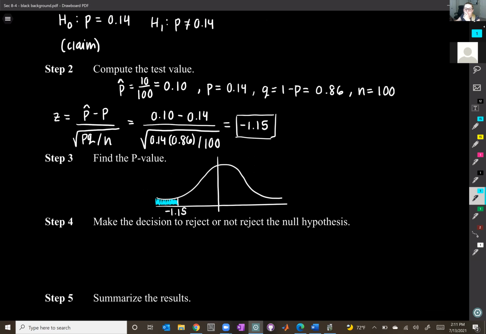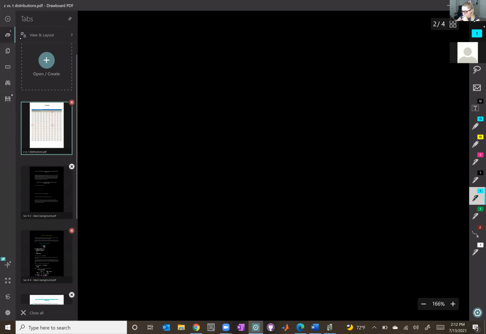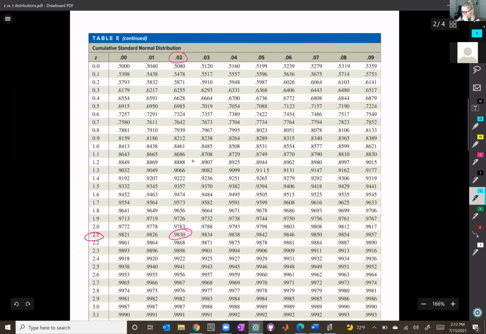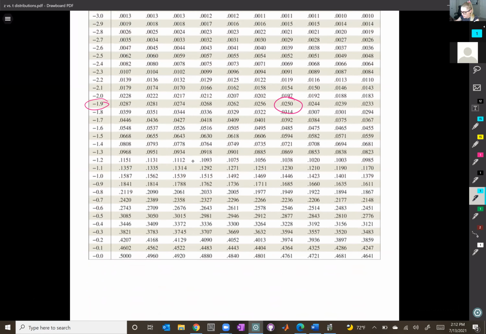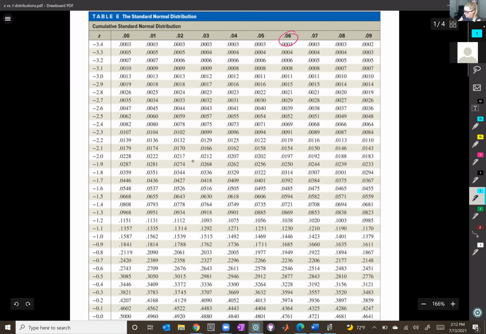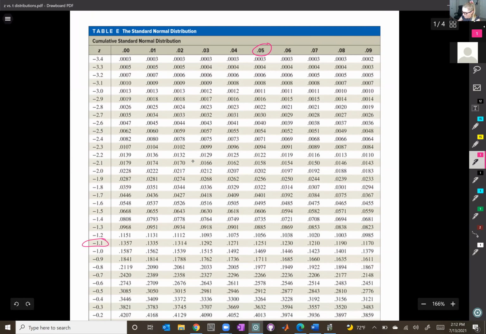So if I come to my chart here, negative 1.15, and that area associated is 0.1251.